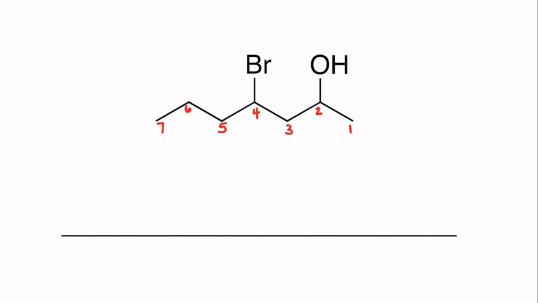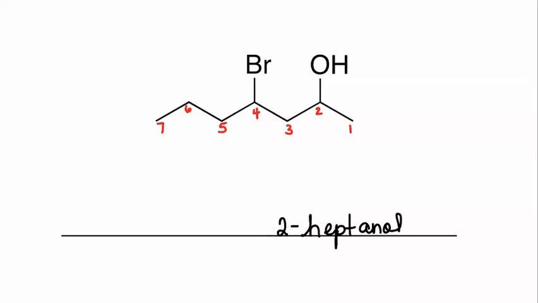So now let's put in the chat, if you have 7 carbons in a row and we have an alcohol, what will be the name of that parent chain? Great job, I agree. You guys got this. Heptanol. And like Maria put, this is 2-heptanol because carbon number 2 is holding the OH.